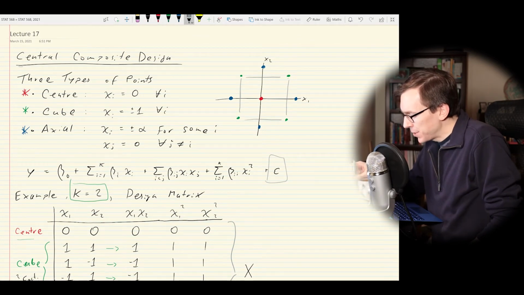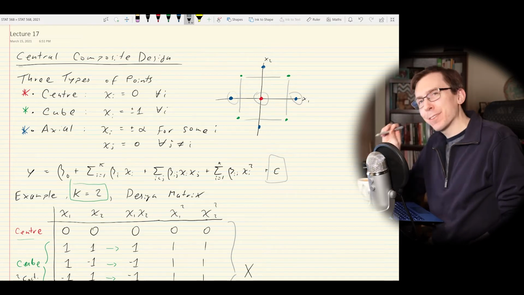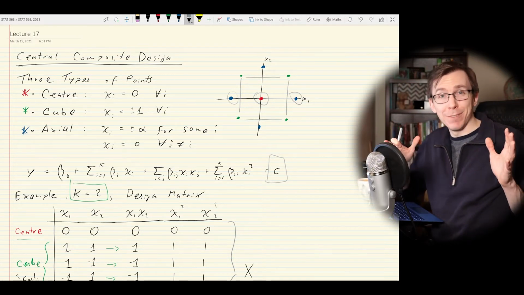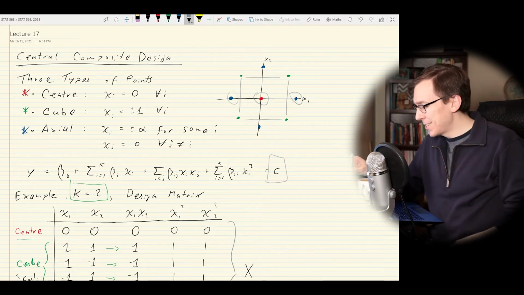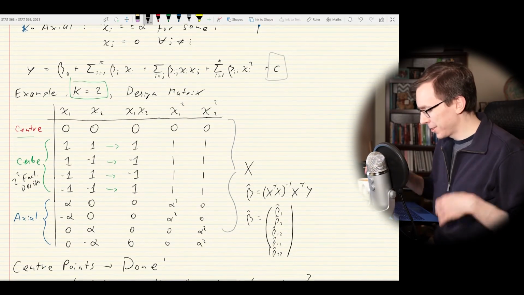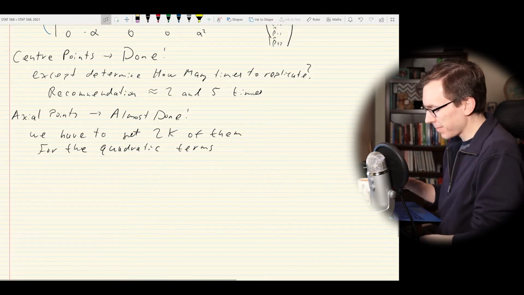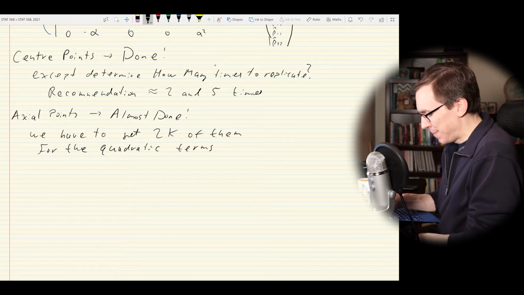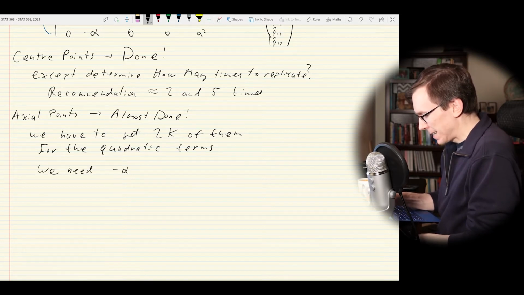Well, if we just look at x1 here, we have 3 points in a row. And if I have 3 points in a row, I have a 3-level factor. So if we kind of just stare at that, we're not doing all the 3 cross terms, but in a sense, we need minus alpha, 0, and plus alpha to get a quadratic contrast.